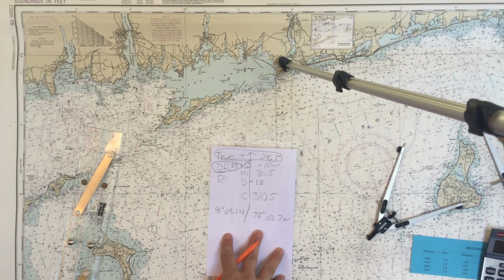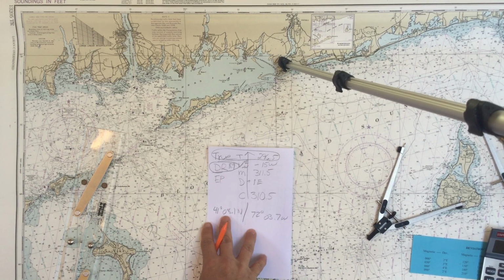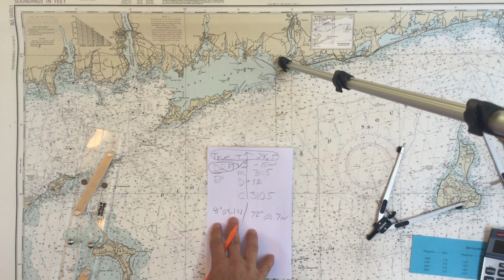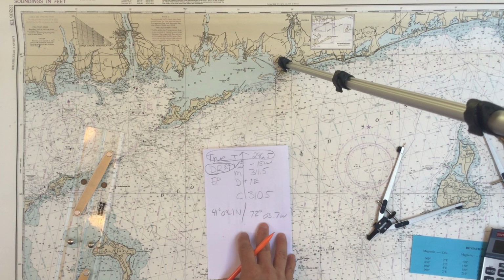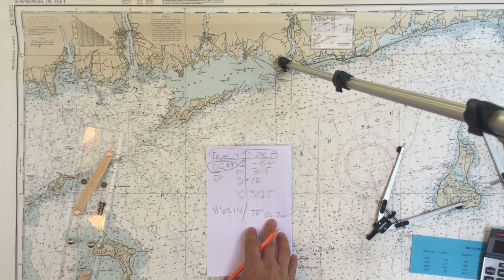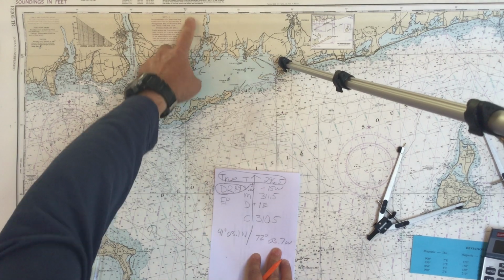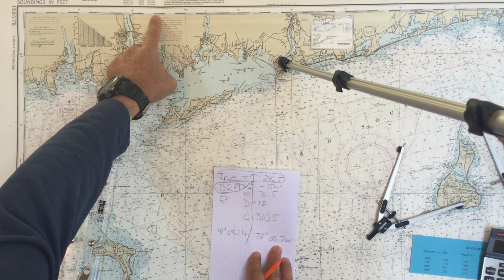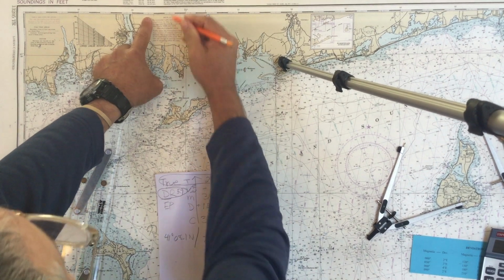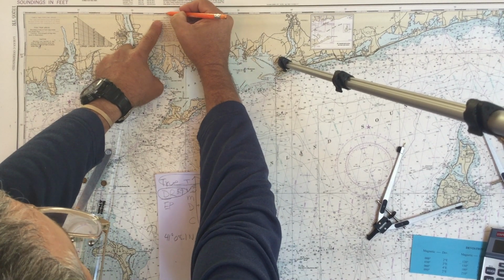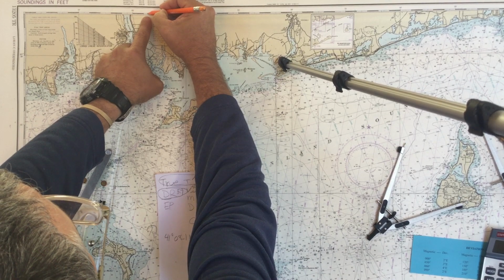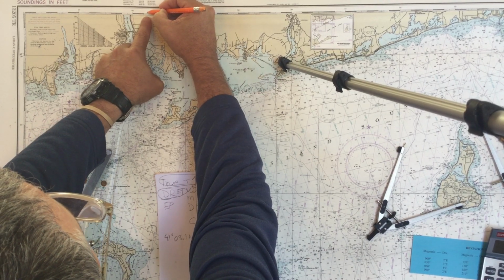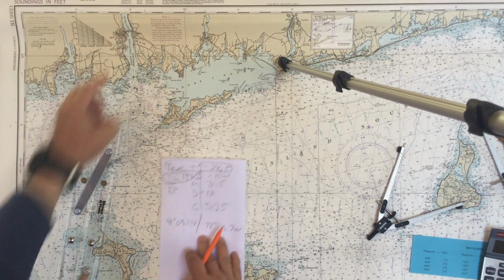So 41 degrees, 08.1 minutes north by 72 degrees, 03.7. So here's 72, 01, 02, 03.7. Okay, so again, 1, 2, 3.7. I'll make a little mark over here just so I can find it quickly.